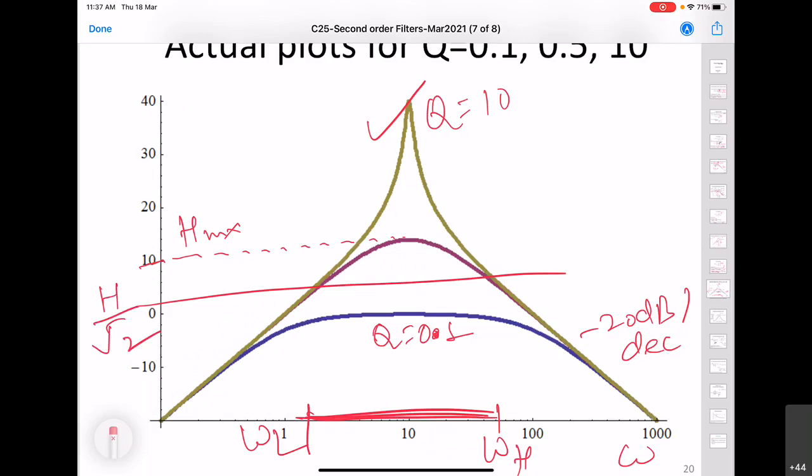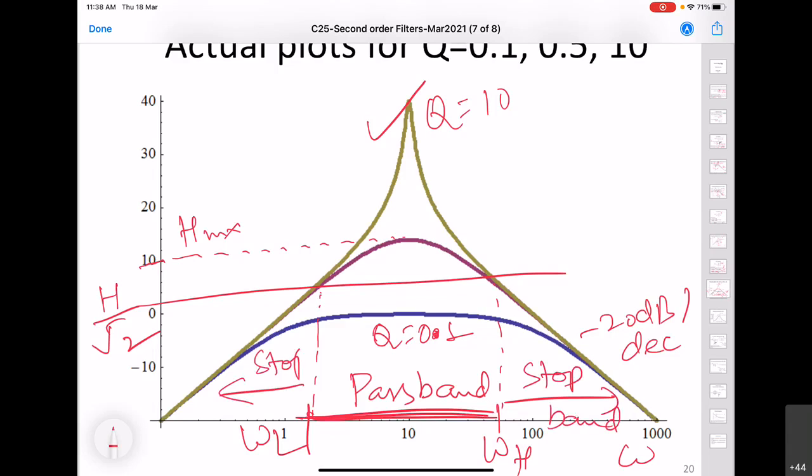So we draw a line at 1 by square root 2, and the frequencies corresponding to that 1 by square root 2 are called the lower and upper or higher frequency, and frequencies between these two limits are considered to be allowed to pass on the output side, and we say that this is our pass band, and we say stop band, or actually in the beginning there will be a transition band. So on both left and right, we have stop bands.